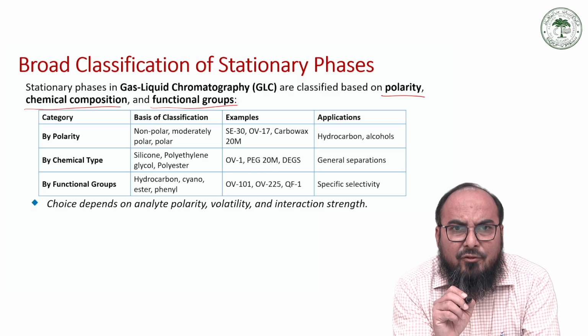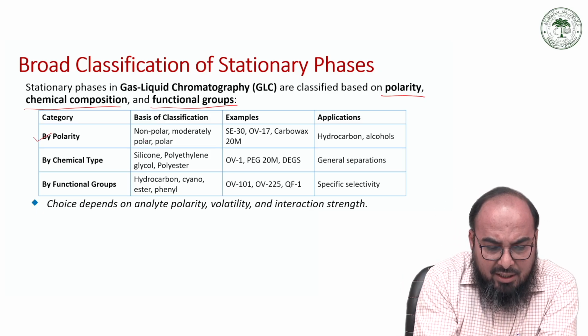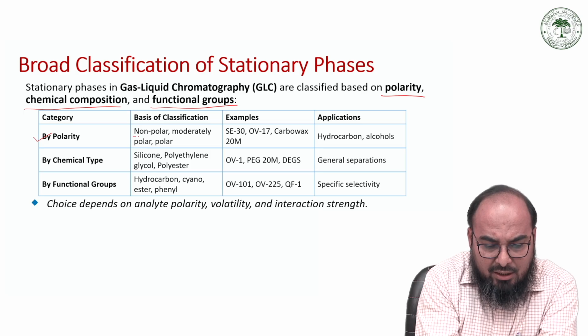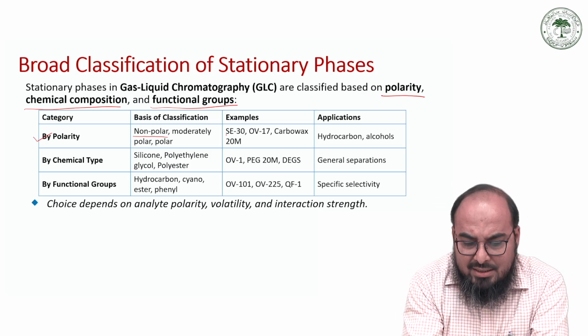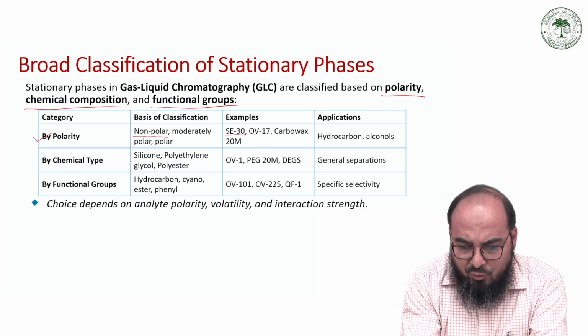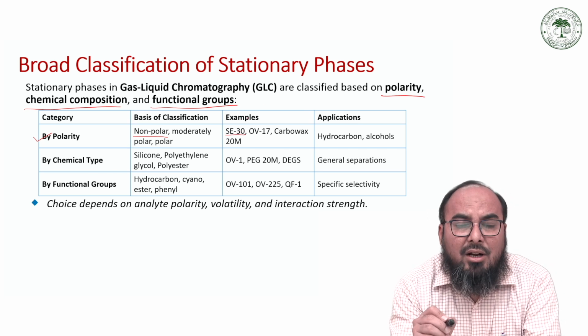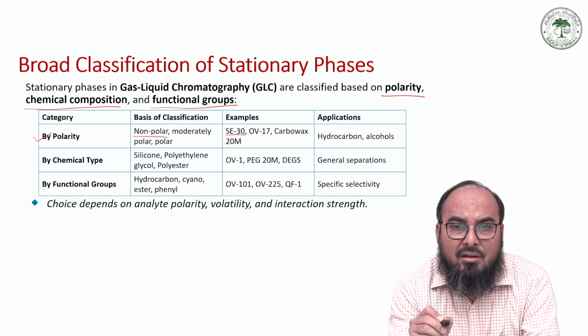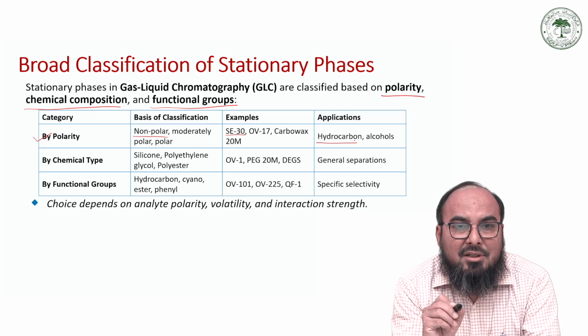So let us discuss in terms of polarity. For example, if we have a non-polar stationary phase, an example is SE-30 or OV-1, let us suppose SE-30, which is polydimethylsiloxane, then it is good for the separation of hydrocarbons.